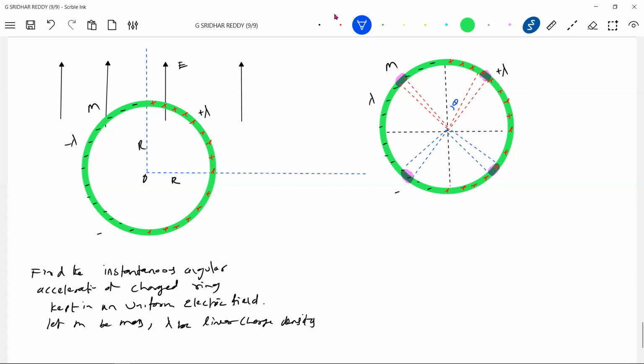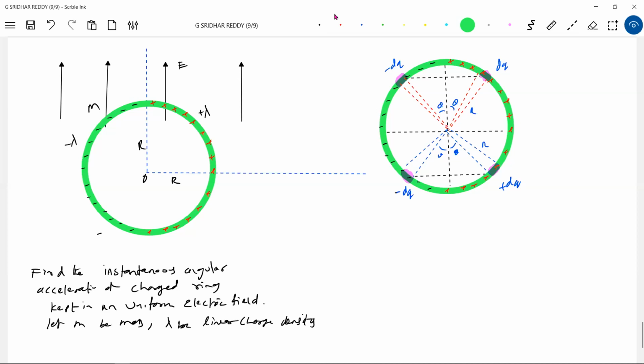So this will be theta, theta, with radius r. That lambda, I'll remove it for the time being. So this will be minus dq, and plus dq. This will make one dipole. Am I right? Similarly, this will make one dipole. Just now we have discussed, no?